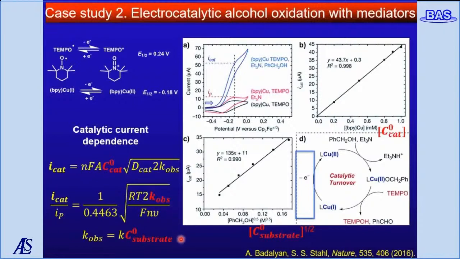So the rate of the oxidation was determined from these equations, which indicate a 5 times increased k_obs in the presence of the copper complex due to the cooperation of the two TEMPO and copper catalysts.